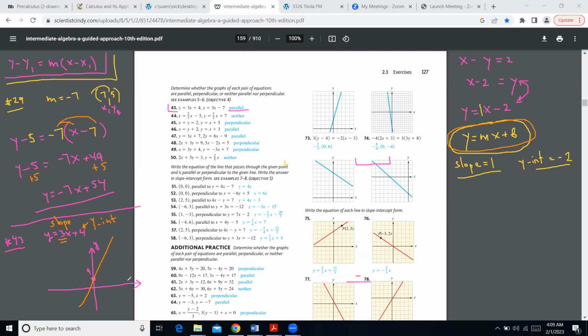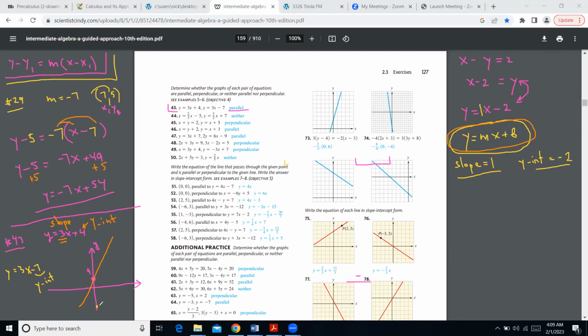So the next equation here is 3x minus 7. So when you have y equal to 3x minus 7, then its y-axis intercept is going to be -7. Y-intercept is -7, right?